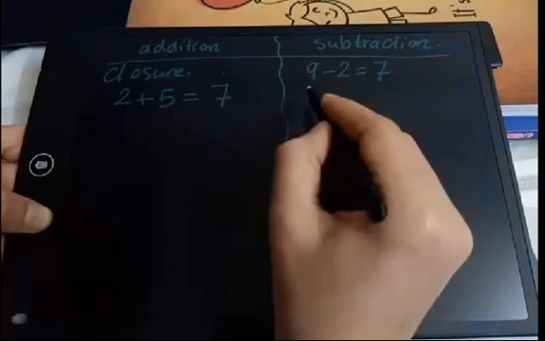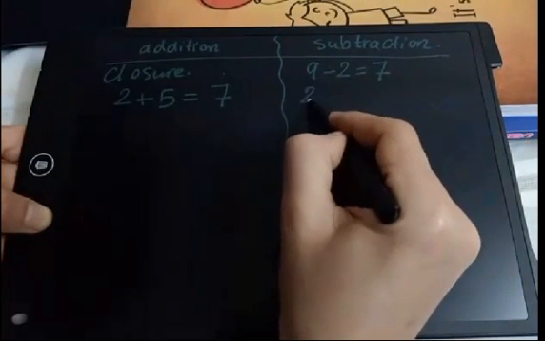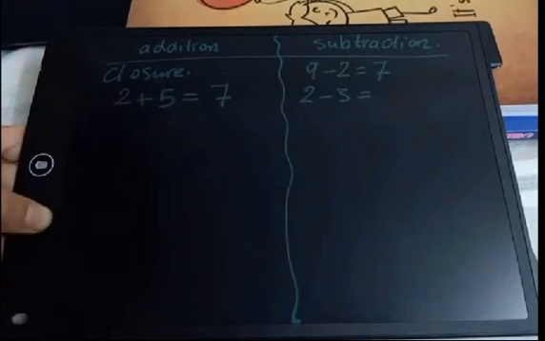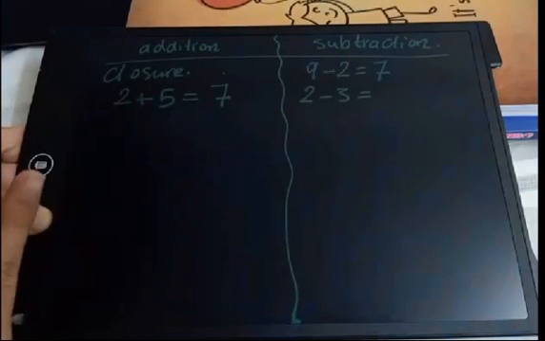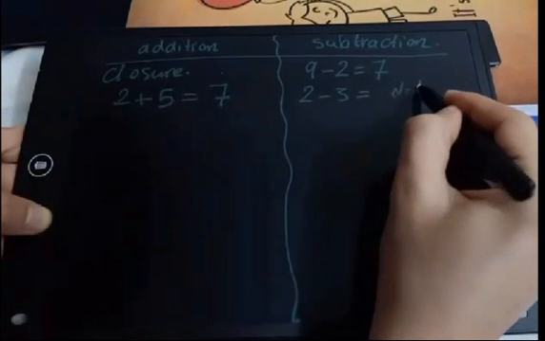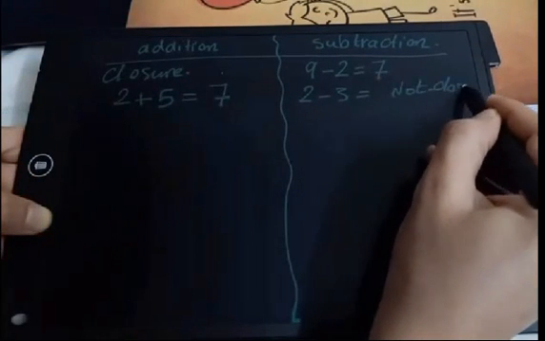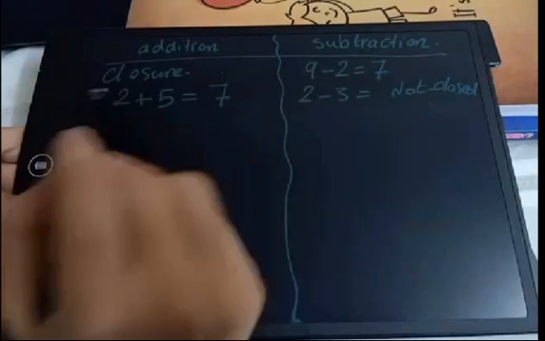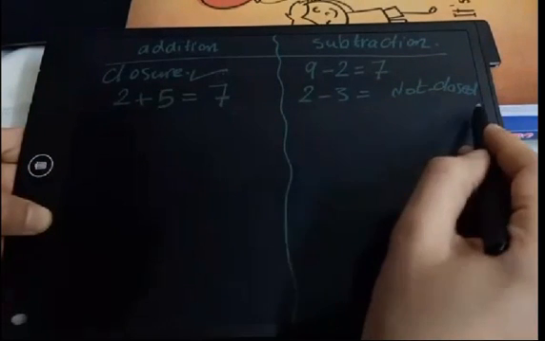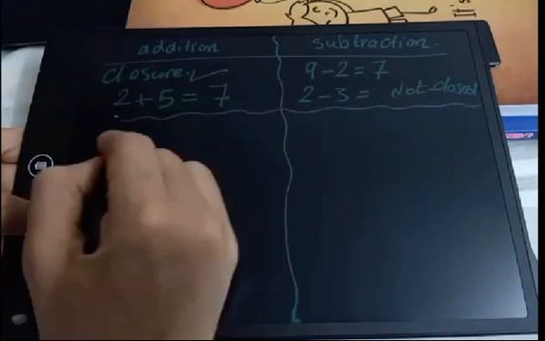But if I say 2 minus 3, can I do it? No. So the subtraction is not closed in all the questions. So the closure is okay with the addition, but with the subtraction, no, it's not closed.